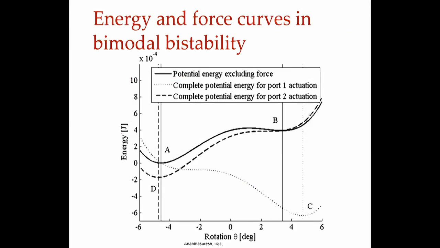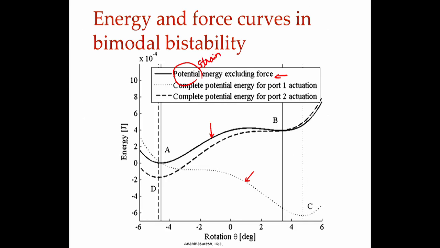So, if you look at the energy graph for this, we are showing the potential energy curve in this solid line, and then the dotted line is the potential energy when there is port 1 actuation. The first one, in fact, we need not call potential energy, this is simply the strain energy of the elastic body of the tin lid.